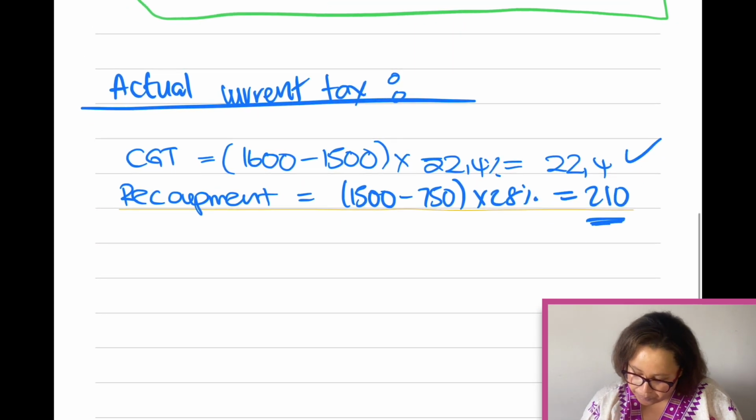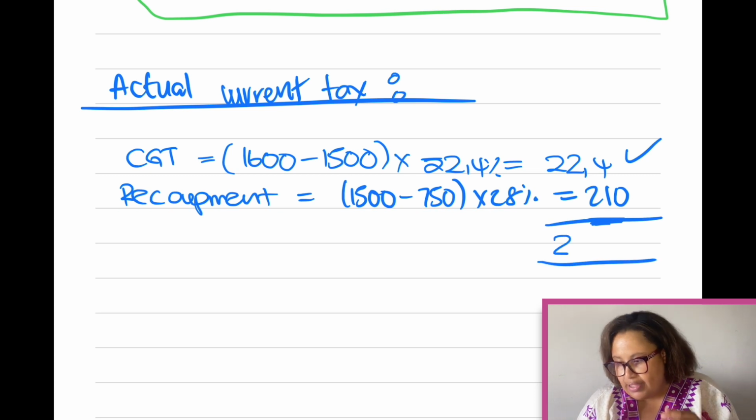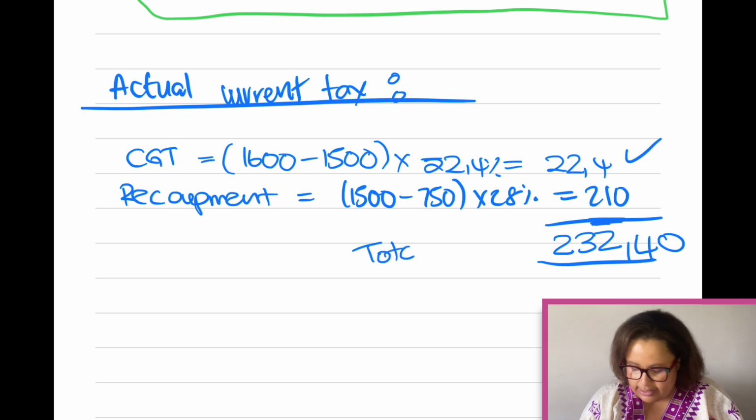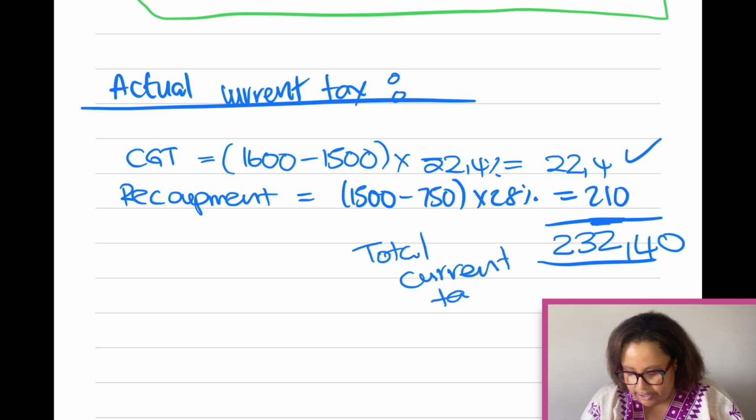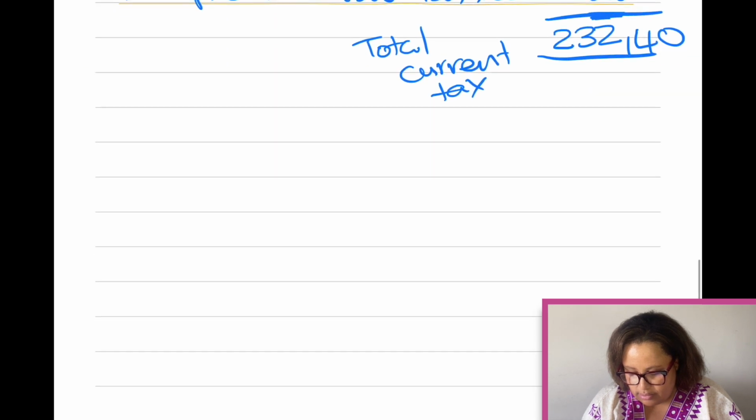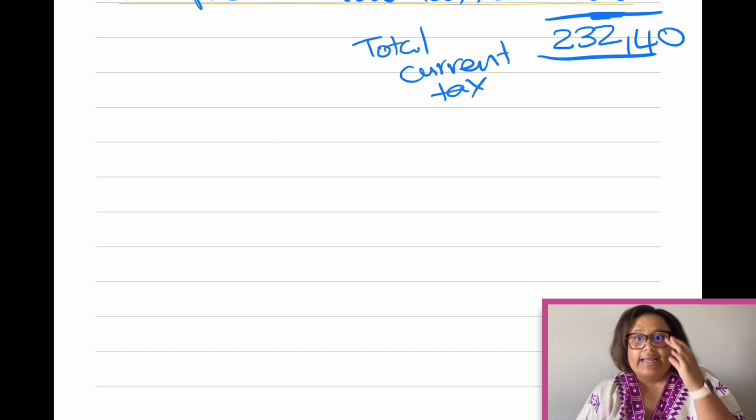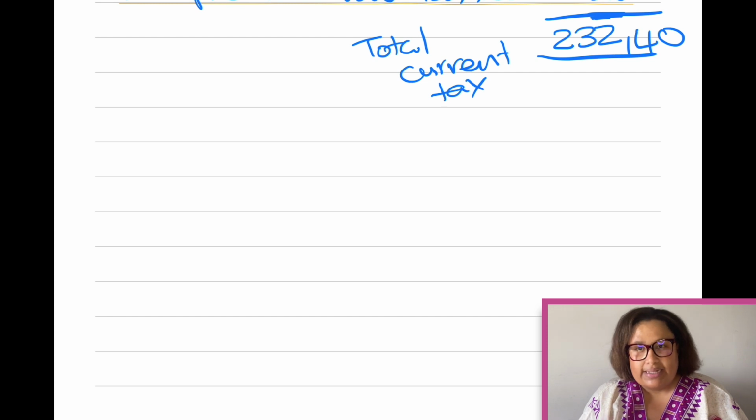Now, so far, if I add up these two, then my current tax comes to 232.40. So this is my total current tax. Now, is my current tax the same as my tax expense?